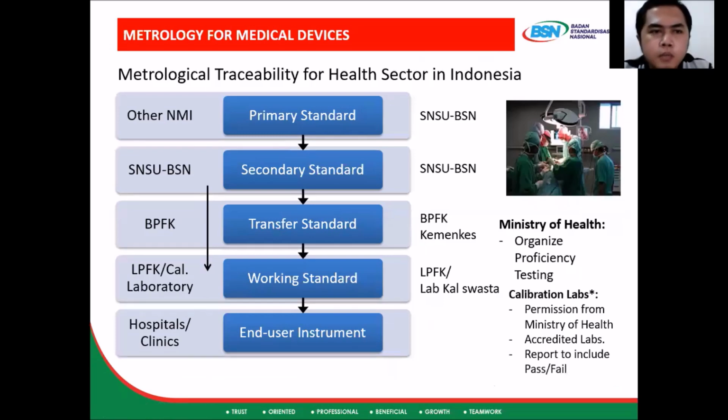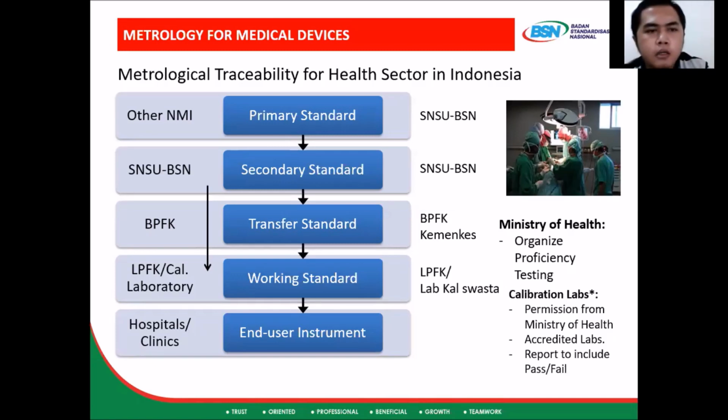And this is the metrological traceability for the health sector in Indonesia, in which the end user instrument is owned by the hospital or clinics, and their equipment is calibrated by the PPFK or LPFK using their standards, and the standards of the PPFK and LPFK are calibrated by our institution SNSU-BSN.